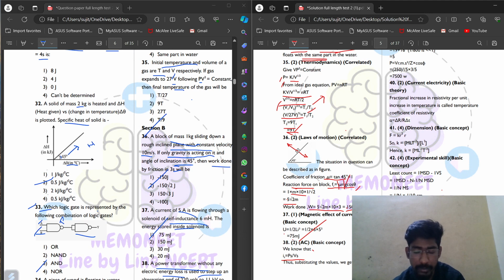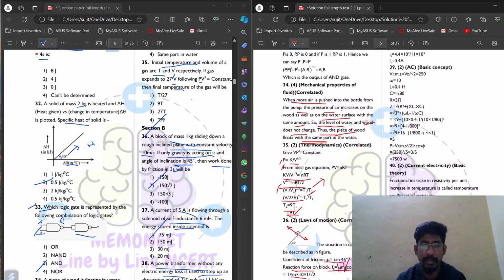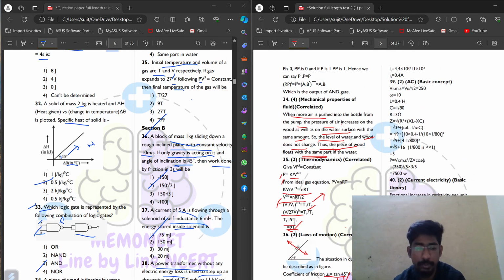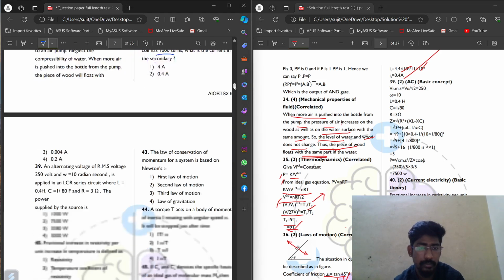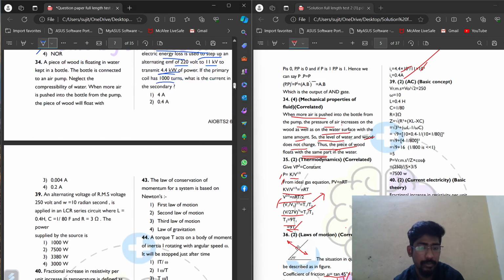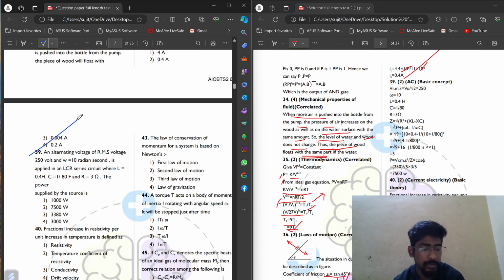You can calculate the value of current in the secondary coil by the formula I equals Ps by Vs. P is given as 4.4 kilowatt, that means 4,400, divided by V, which is given as 11 kilovolt, that means 11,000. Here the zeros cancel out. That means I will be roughly 0.4, so option number 2 is correct.